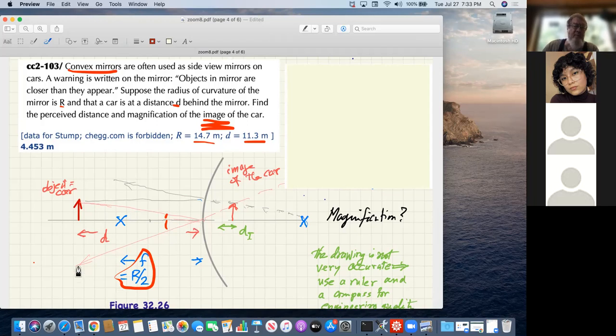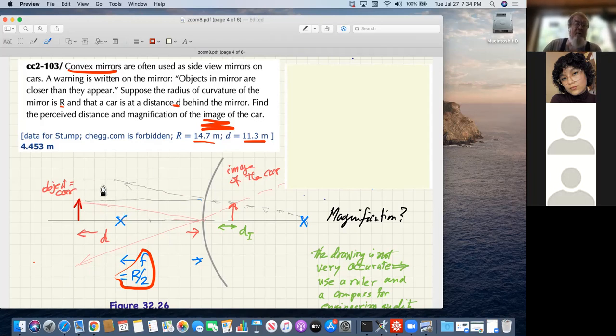So here's the ray of light drawn in red. Not that it's a different color, it's still the color of the car, but I drew it in red so that you could see the difference between that and the other ray that I considered. This ray comes to the center of the mirror and then reflects off, obeying the law of equal angles.